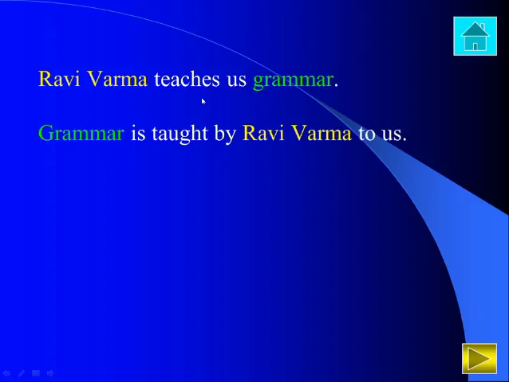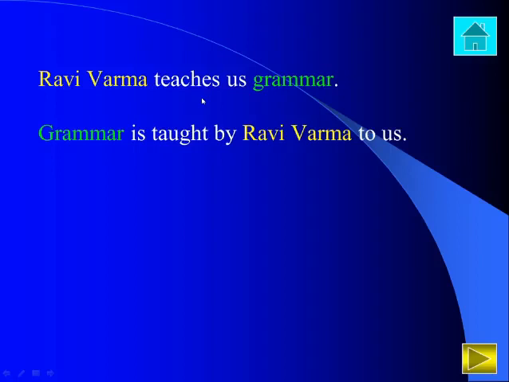Otherwise it will be very difficult to change the active voice into the passive voice. So this is my request to you. After watching this video, you must go to that task. Sometime I will give you some words and you have to do it for me later on.